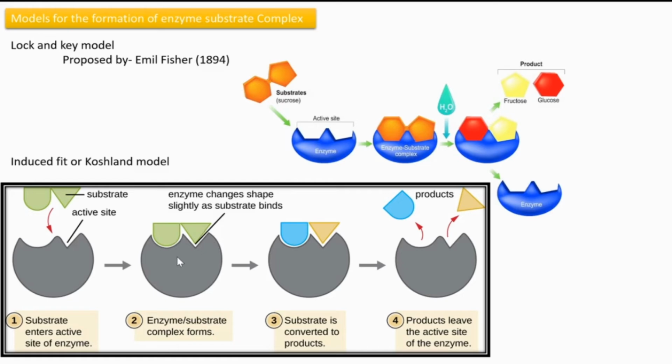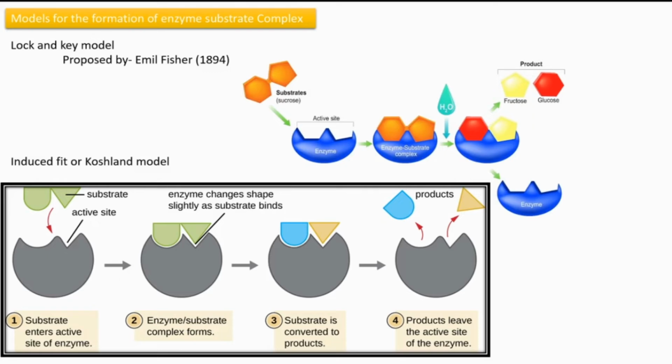So according to this model, the binding of substrate to the enzyme is a two-step process. First step is the initial or primary binding. In that binding, substrate binding induces a conformational change to bring the correct orientation of substrate with the enzyme.